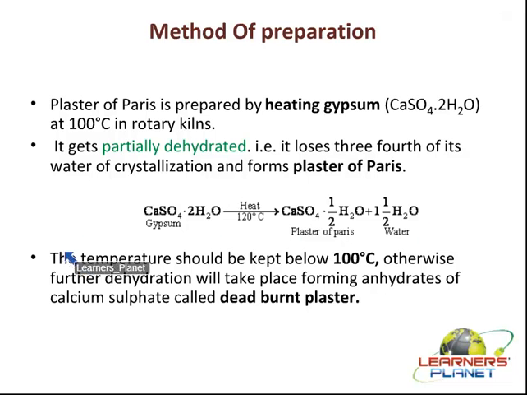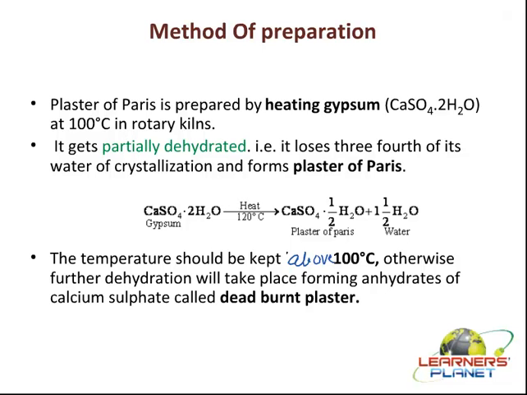Right, students? Now, the temperature should not be kept below 100 degrees centigrade. It should be above 100 degrees centigrade, not below, above. But it should not be kept much higher either, that is 100 to 120 degrees centigrade. Otherwise, further dehydration will take place, forming anhydrate of calcium sulfate.